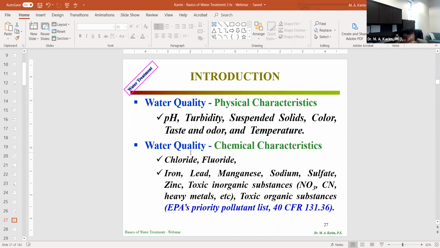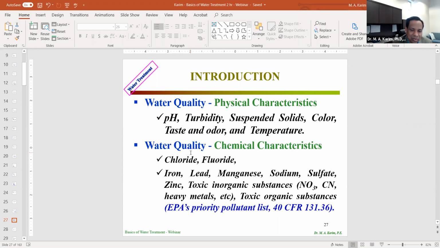So physical means if we have 5 senses and we can feel it with any of them, like tasting it, seeing it, hearing it, feeling it through the skin, or smelling it, then it is a physical characteristic. So pH falls under that.